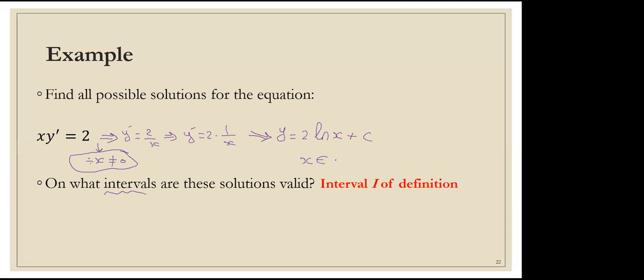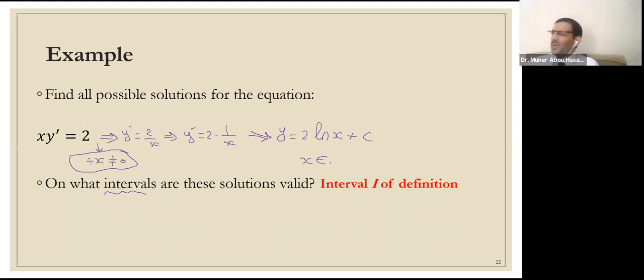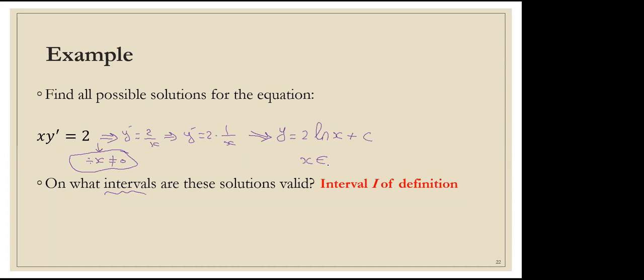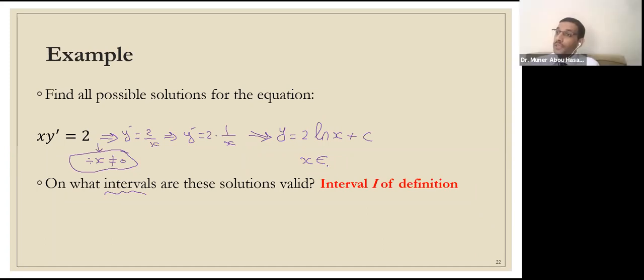Greater than 0. Yes, it must be greater than 0. You can find ln half, which is less than 1, but you can't find ln of 0 or ln of -1. So x is greater than 0, so it must be from 0 to plus infinity.